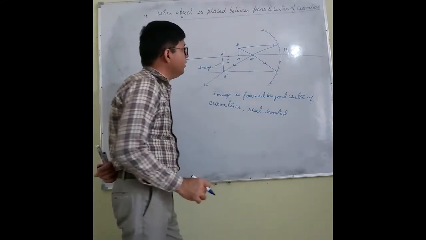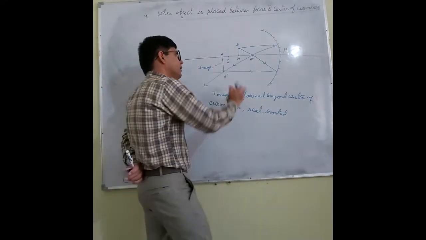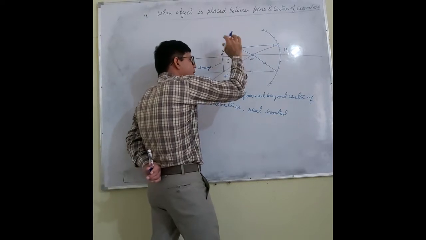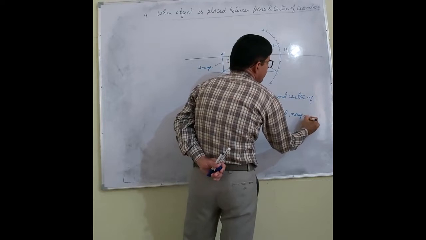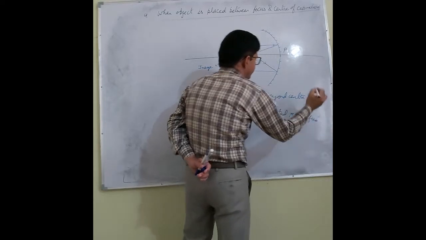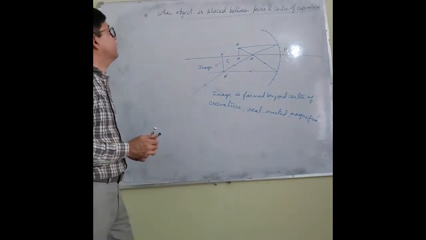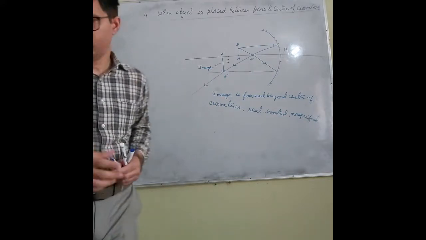Is it smaller than the object or bigger than the object? The image is big, the object is small. So I will say magnified. Magnified means bigger than the object. So these are the characteristics of the image.